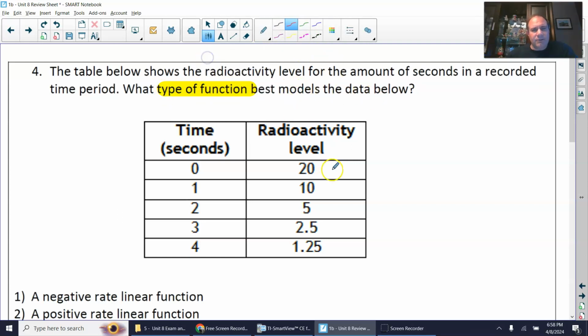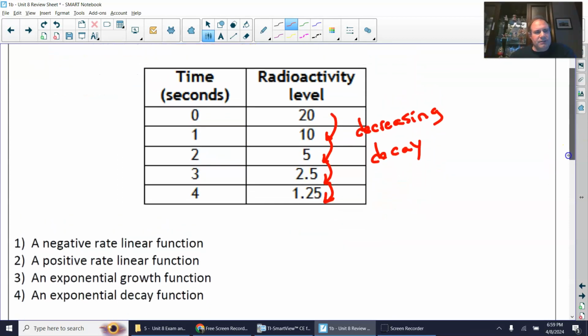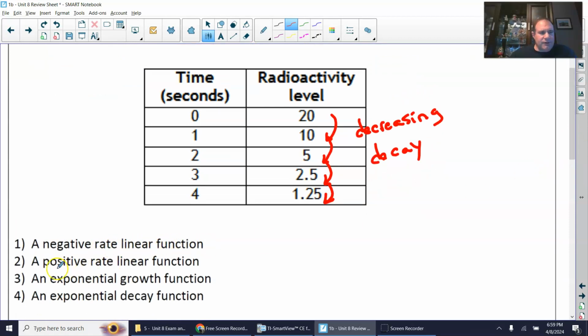First off, I noticed that the numbers are decreasing. So if the numbers are decreasing, we're talking about a decay. All of my choices: this is a negative rate of a linear function. Positive rate, no, it's not a positive rate, and this is not a growth. So those two are out. Negative linear or exponential decay. We're talking about minusing 10, and if you minus 10 again, that would be 0.